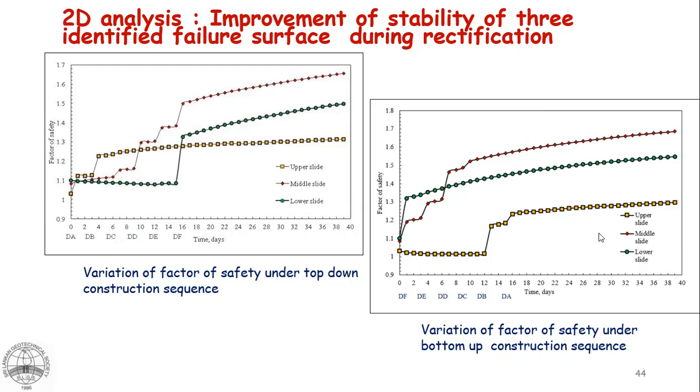In the upper one, the factor of safety did not improve until the installation of drain B at the second level in here, right? So here we see a clear indication of how the factors of safety will develop in different regions of the slope with the construction sequence.